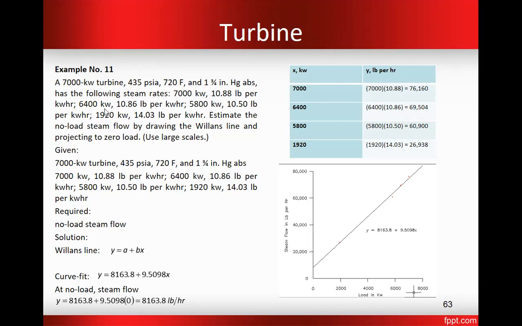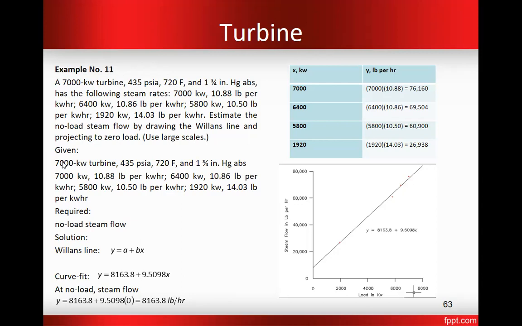Sa 6,400 kilowatt, 10.86 pounds per kilowatt hour. Sa 5,800 kilowatt, ito yung 10.5 pounds per kilowatt hour. Sa 1,920 kilowatt, this is 14.03 pounds per kilowatt hour. Estimate the no load steam flow by drawing the Wheeler's line and extending it to zero load. Use large scale.